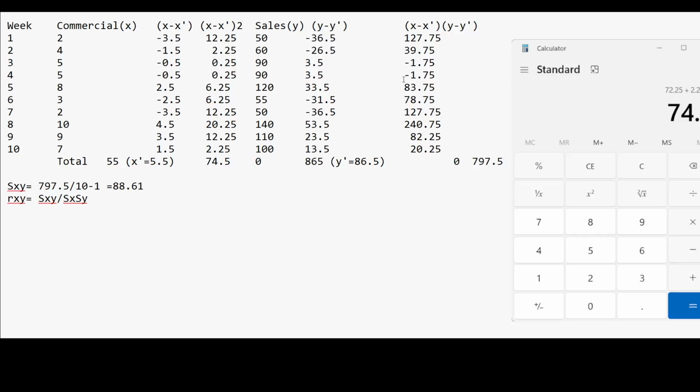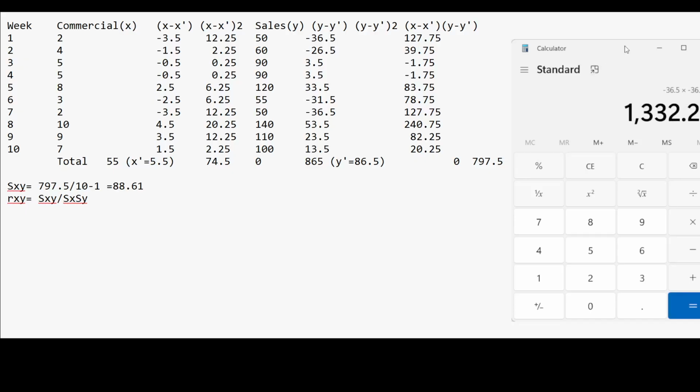For this one we are going to have y minus y prime, then that would be squared. So that is negative 36.5 times negative 36.5 equals 1332.25.